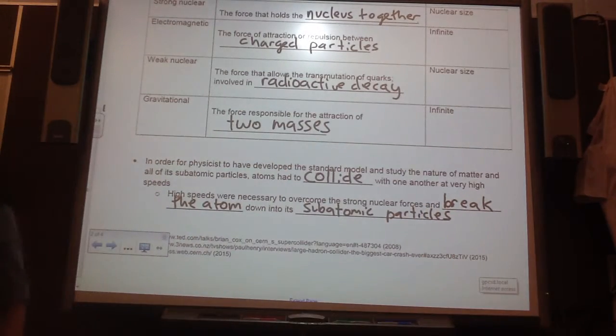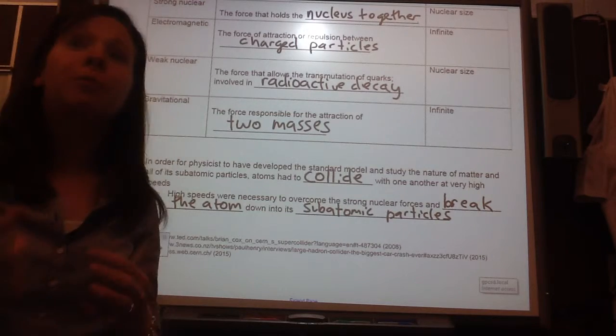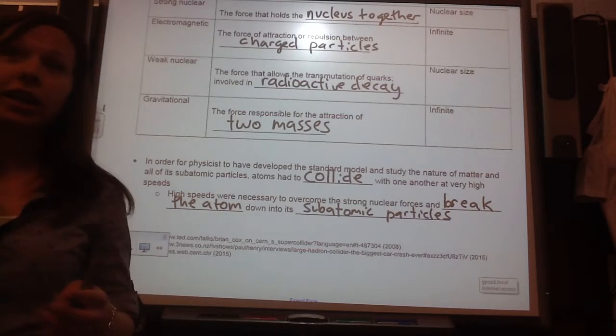Okay? So we need very small particles, okay? Because if we had too big of a particle, like even an alpha particle would be too big. It has too much mass. Okay, but something like a proton or electron, we could accelerate it really quickly through something like the Hadron Collider, okay?